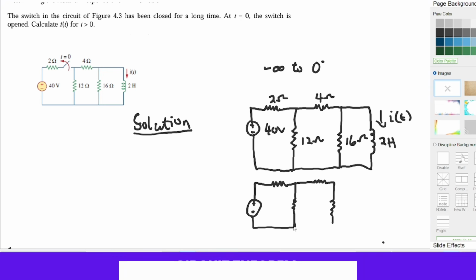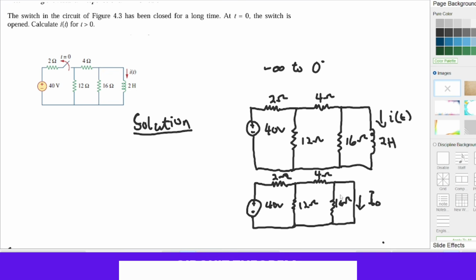So this is a short circuit branch. We have our maximum current here, and from our formula, we said our maximum current is I naught. Okay, so since we know this, let's say 2 ohms, 40 volts, 12 ohms, 4 ohms, 16 ohms.